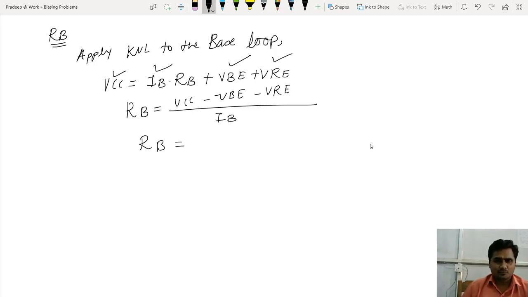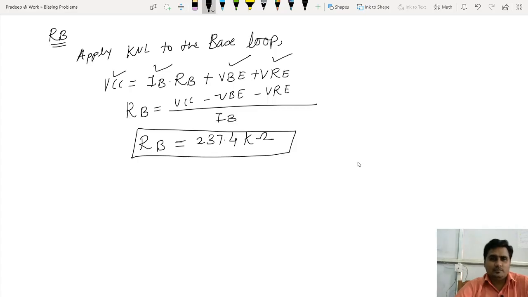Now instead of waiting for you people, I will calculate, and you calculate along with me. The answer that we are getting is more than 200, that is 237.4 kilo ohm. See, the value is very large.